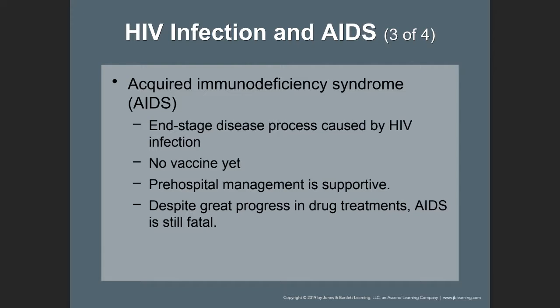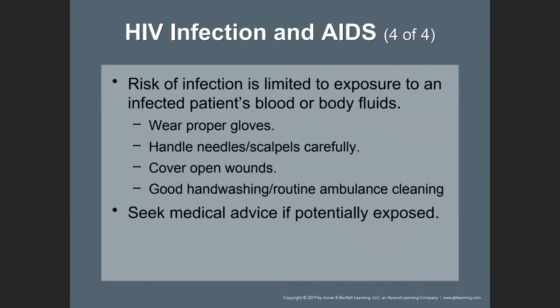Now, HIV will progress to AIDS, which is acquired immunodeficiency syndrome, end-stage disease process caused by HIV infection. No vaccine exists as yet. Pre-hospital management is going to be supportive. Despite great progress in drug treatments, AIDS is still fatal after many, many years.